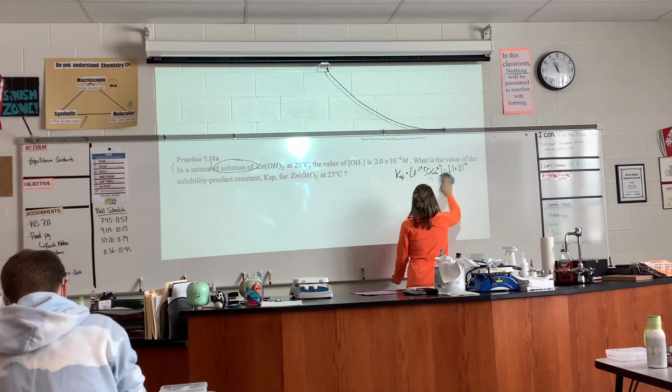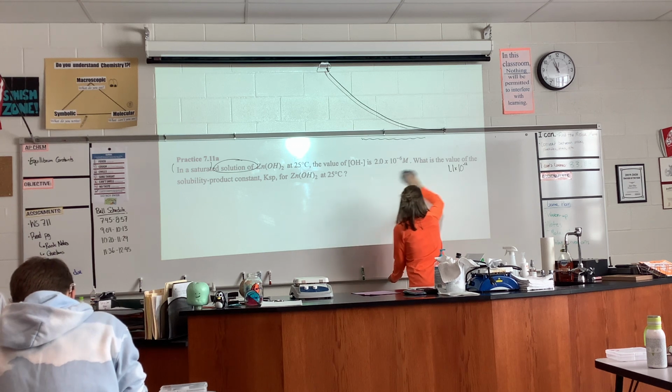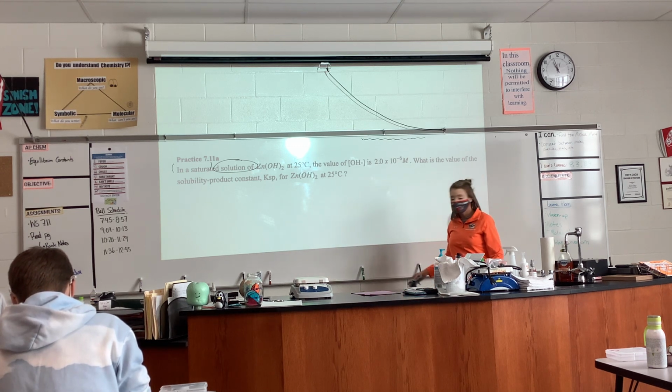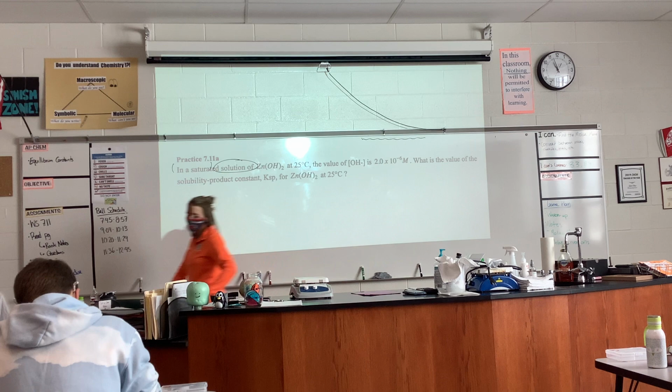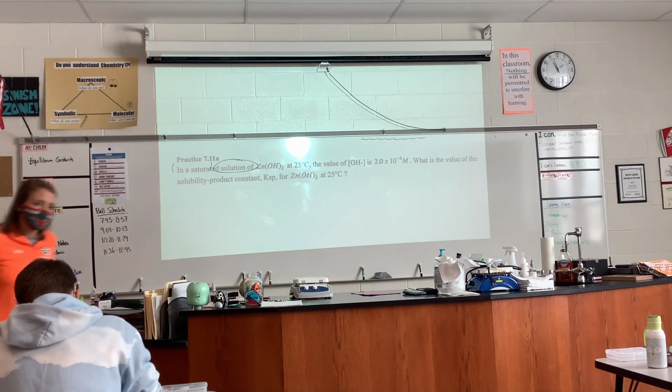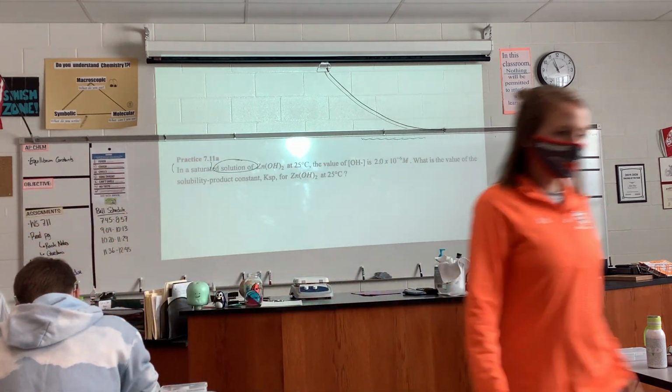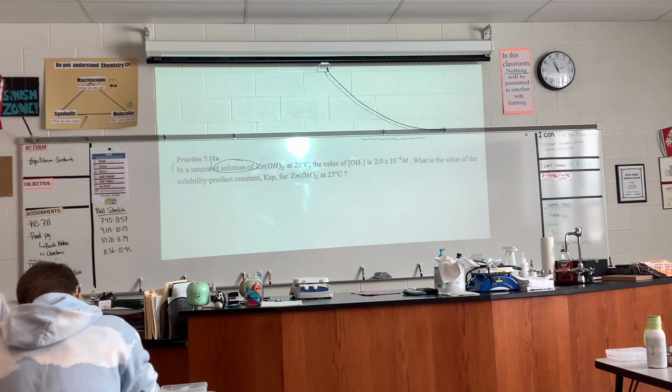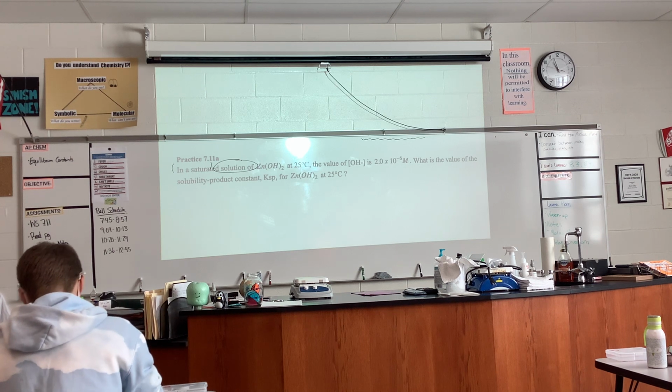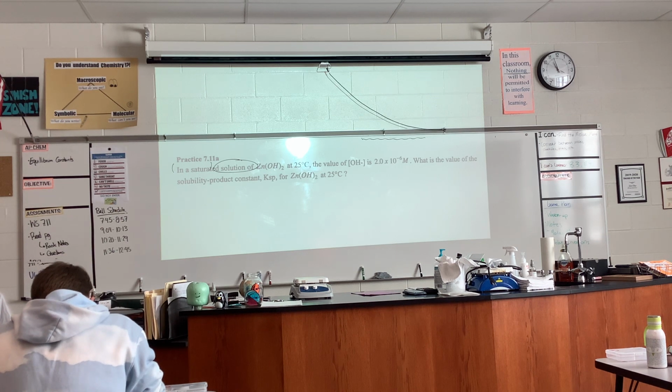Okay, so I have a question. If you have something that's written in scientific notation, can you just multiply those numbers and then add those together? Because I was just thinking about that. Yeah, you should be able to.